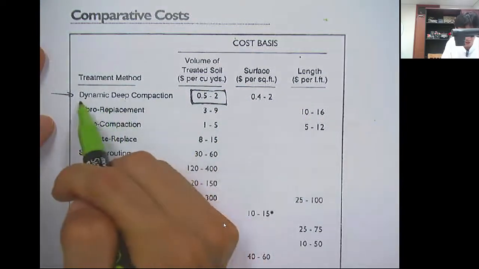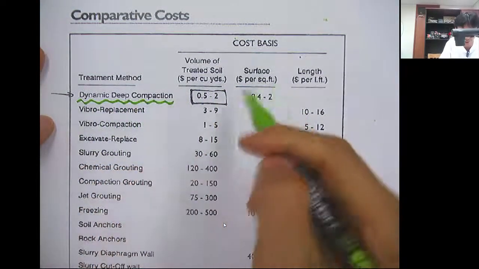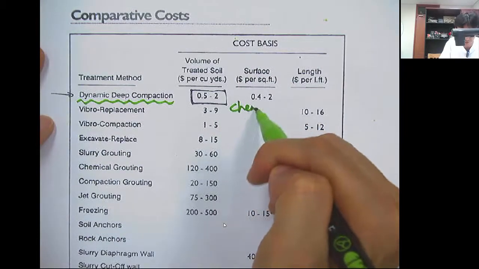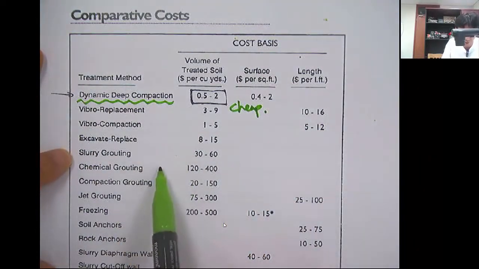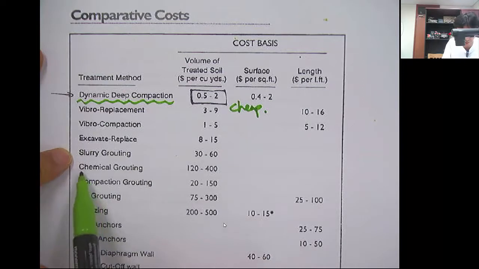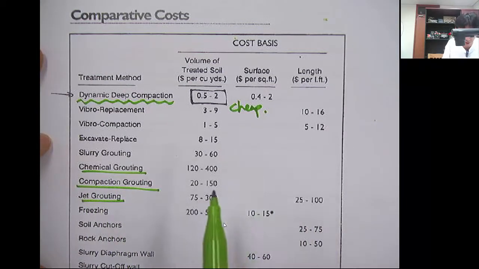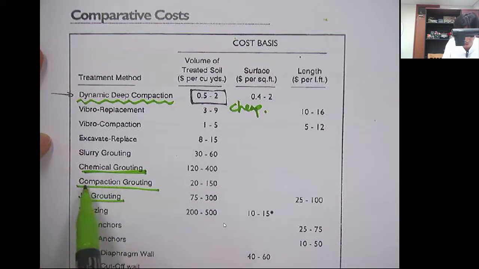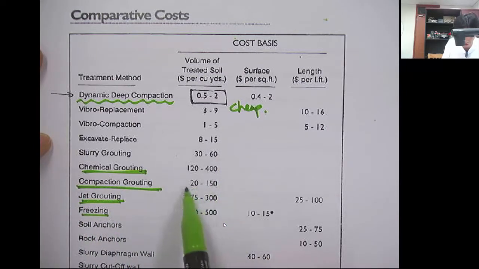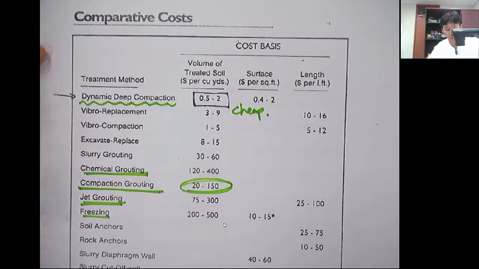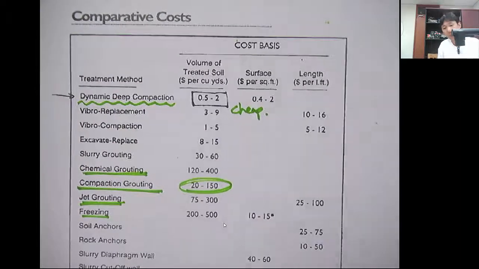You can see that dynamic deep compaction is pretty cheap compared to the other chemical injection methods here, compaction grouting and jet grouting. The interesting thing is that among these methods, chemical grouting, compaction grouting, jet grouting, and freezing, compaction grouting is the cheapest one.